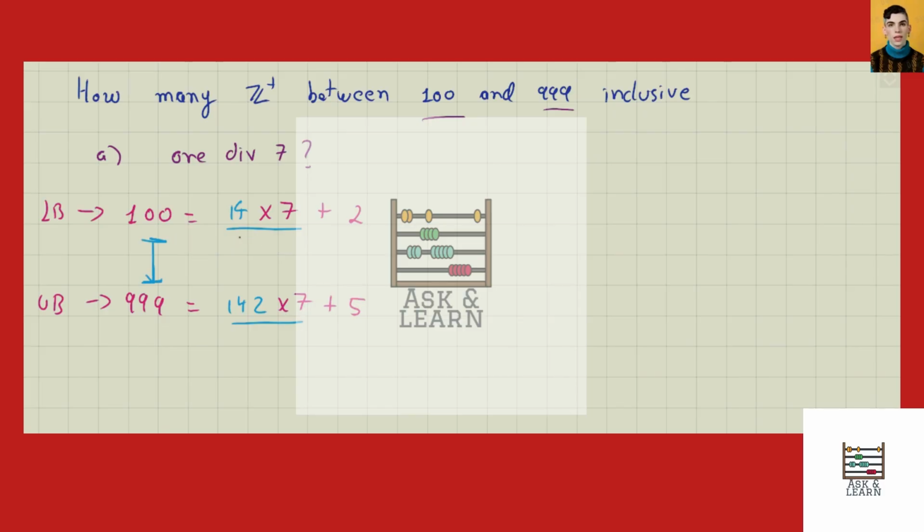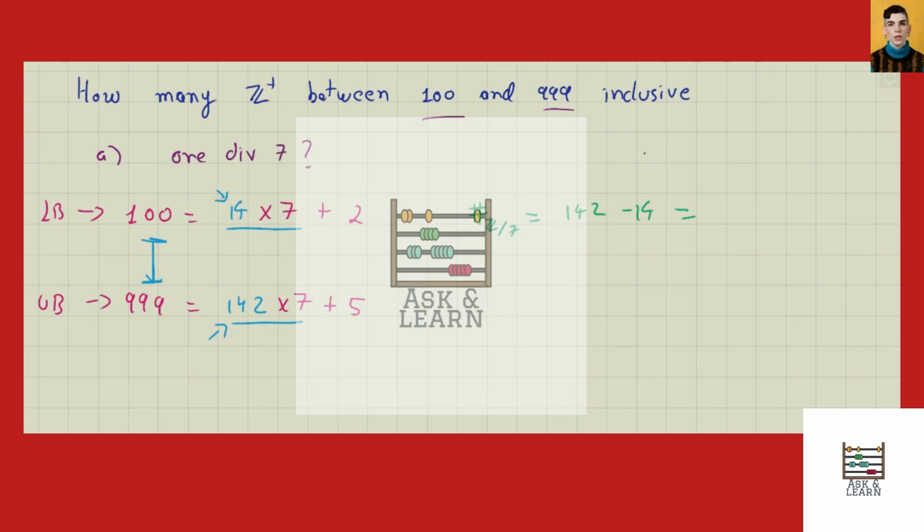So by doing this kind of decomposition of the number, it's going to tell us how many numbers are divisible by 7 on this interval. And you can see that the number of integers divisible by 7 on that interval is going to be 142 minus 14.